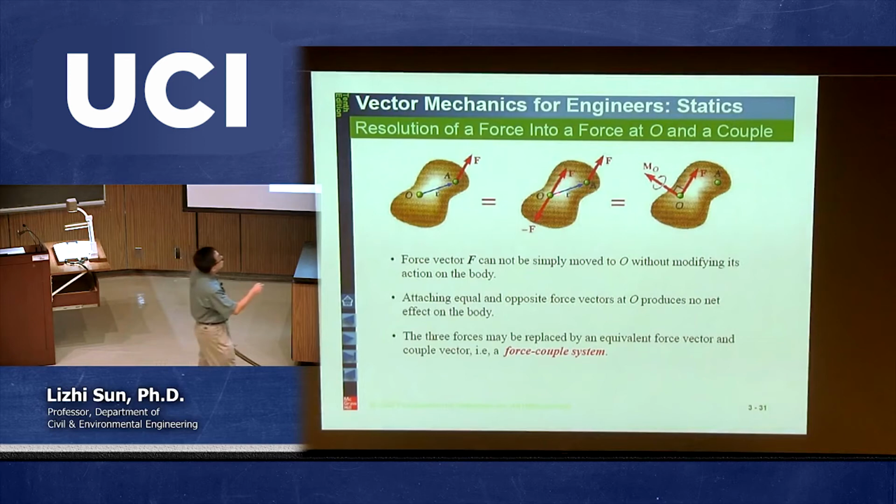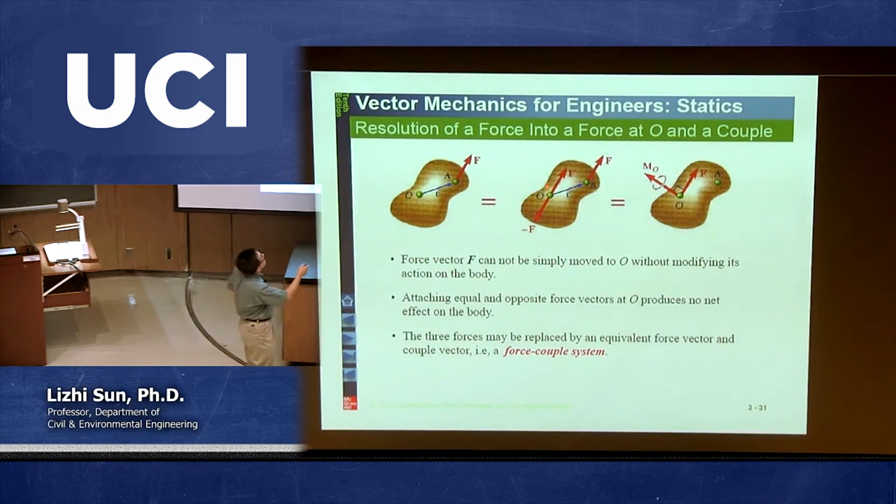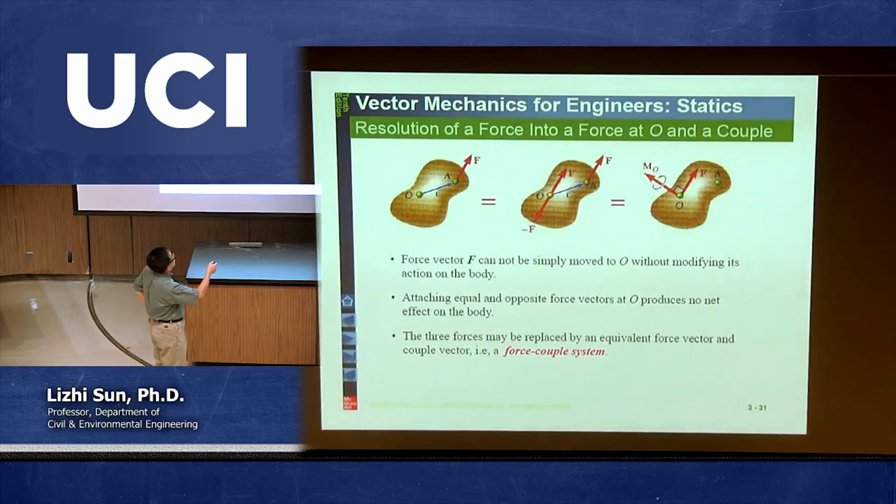But in order to have this one equivalent to the original one, these two virtual forces must cancel each other. Then of course that's equivalent to the original one. So I have one force and another one, parallel to the original direction, with the same magnitude but in opposite direction. That's why they cancel each other.